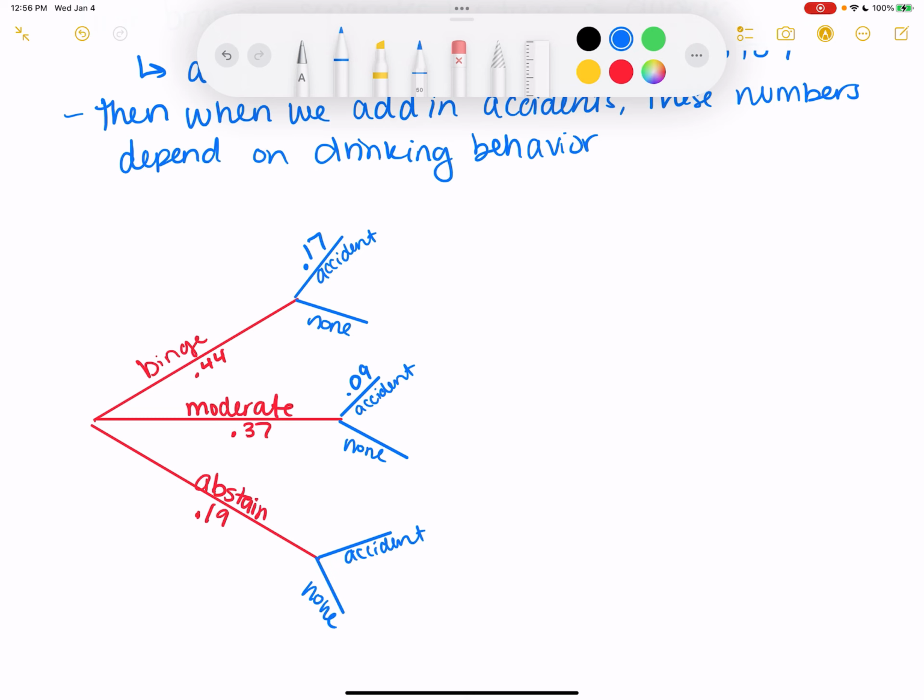Obviously, if they don't drink, they can't be in an alcohol-related accident, so that would be 0. Now, each set of branches has to add up to equal 1, so we're basically doing 1 minus whatever this is. So this one would be 0.83 for none. Then for moderate, 0.91. And then for none, for abstain, would just be 1.